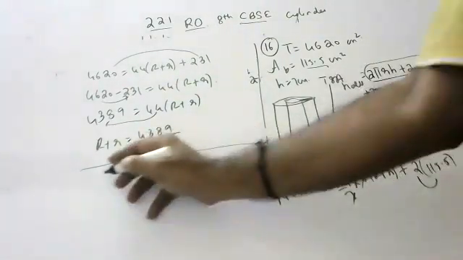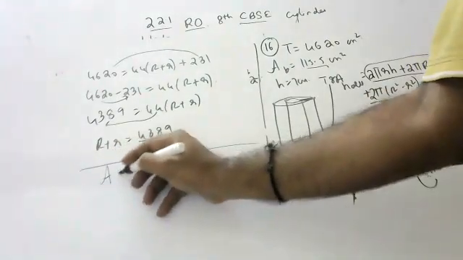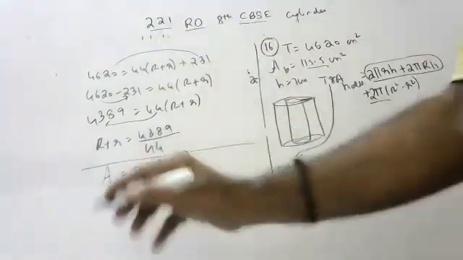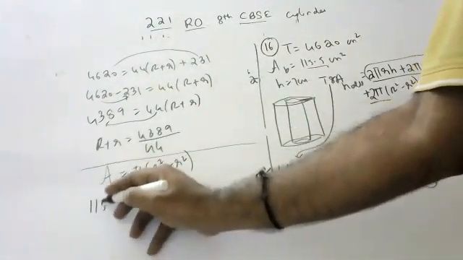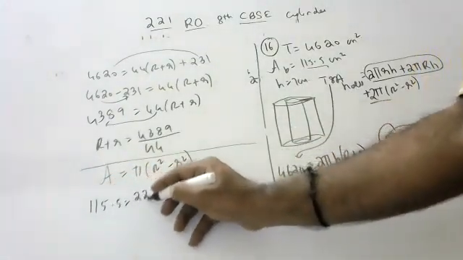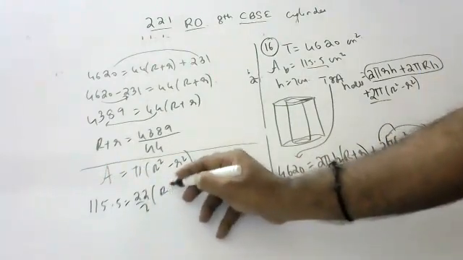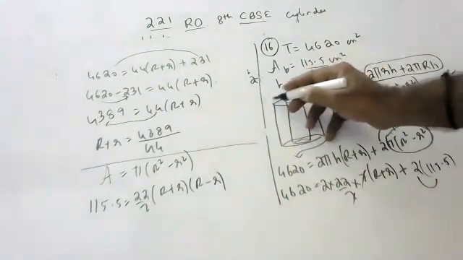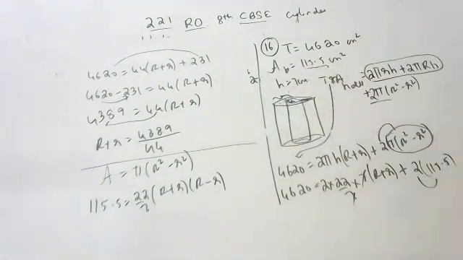So the area of the ring is pi bigger square minus smaller square. Please, all of you concentrate. Area is 115.5 into 22 by 7. A square minus b square is a plus b into a minus b, because bigger minus smaller gives you the thickness, children.